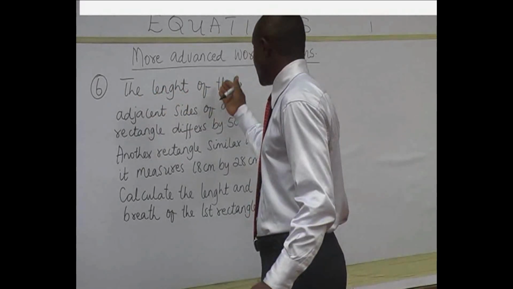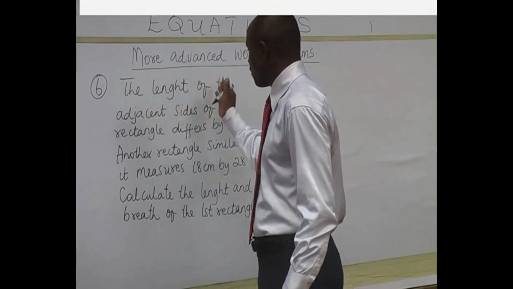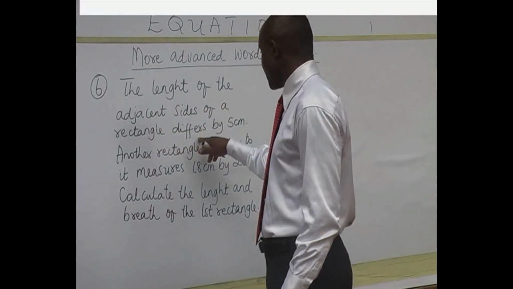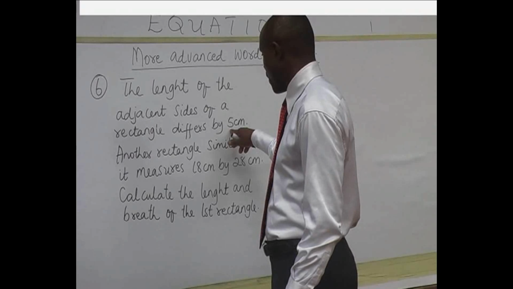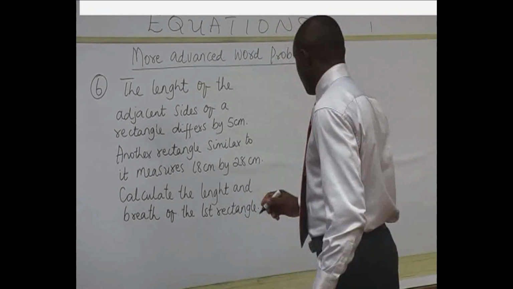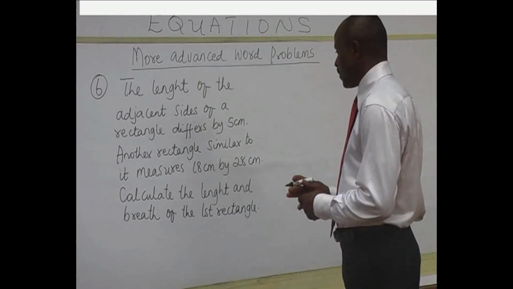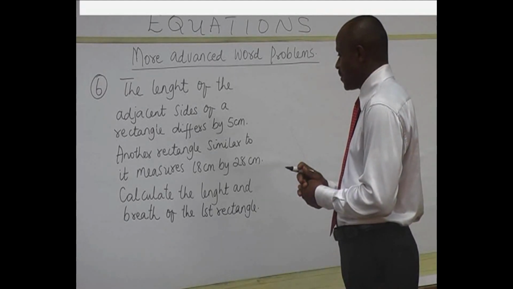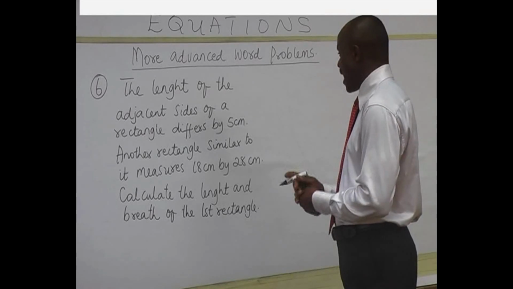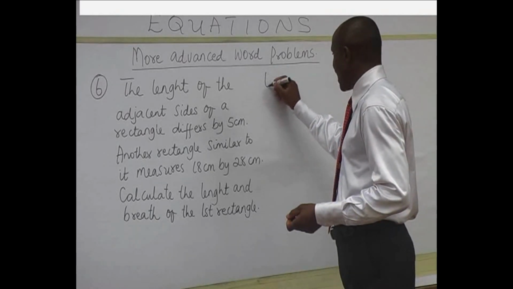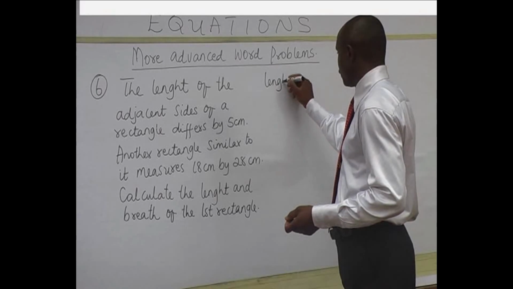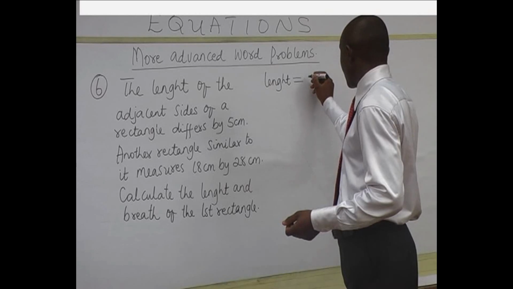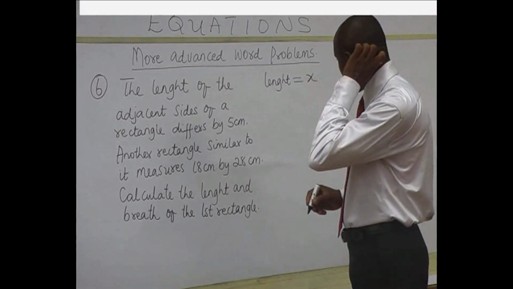The length of the adjacent sides of a rectangle differs by 5 cm. What this means is, let one of the sides of that rectangle, or let the length of the rectangle, be represented by x.